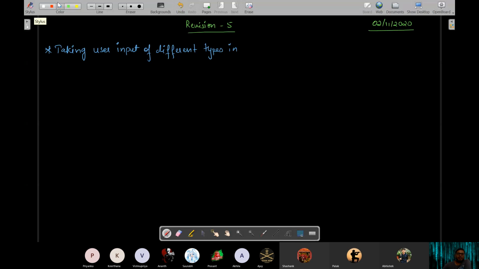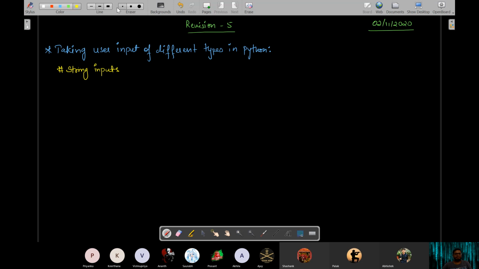Right. So taking user input of different types in Python. Okay. So let's see here. First is string inputs. How do we take string inputs?